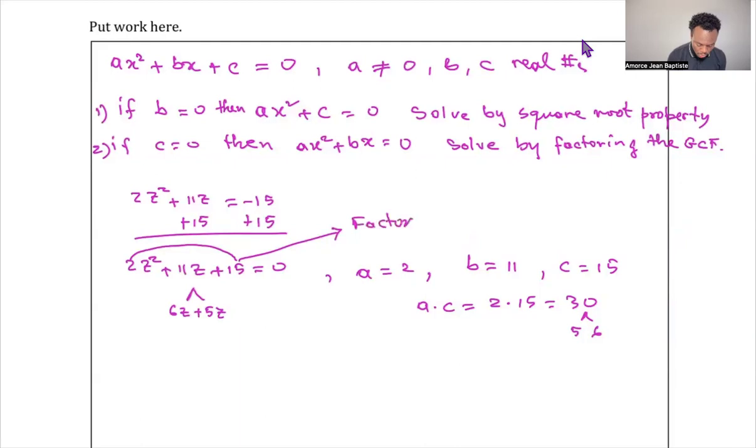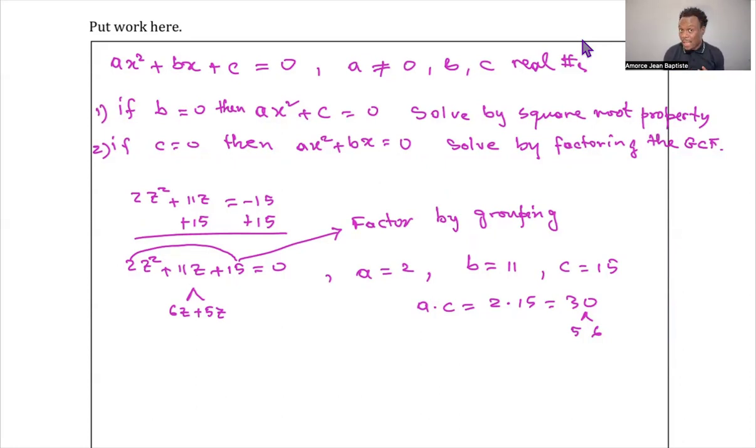When you factor by grouping, you need 4 terms, and this one has 3. That's why I found 2 terms from the 11z, in this case 6z plus 5z, and there's a specific way of doing it, and that's exactly what I did.